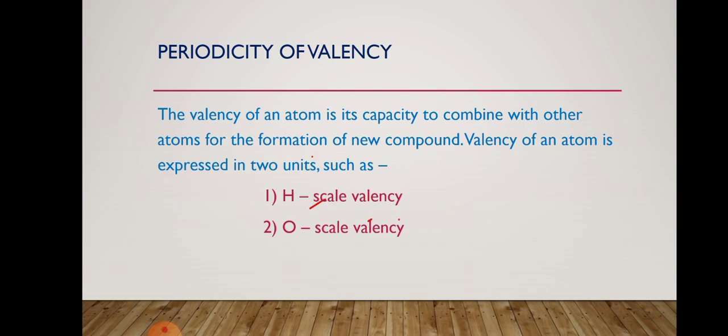The combining capacity of an atom with a hydrogen or chlorine atom is called the hydrogen or chlorine scale valency of the element, and the combining capacity of an atom with an oxygen atom is called the oxygen scale valency of that element.